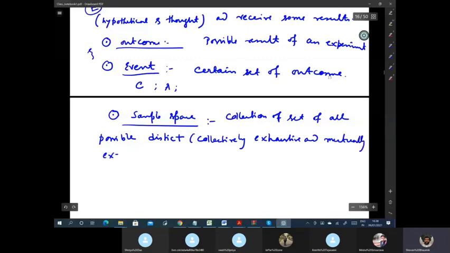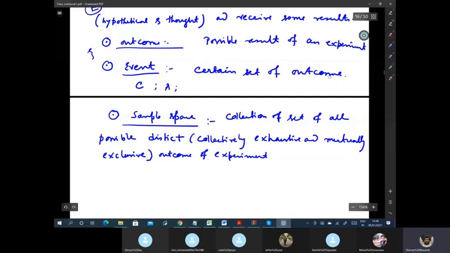What does it mean? Can you explain, anybody? So, a collection or set of all possible distinct outcomes of the experiment. We generally call it S. That is the standard. This is the sample space.